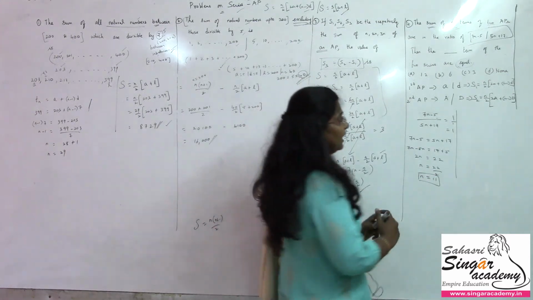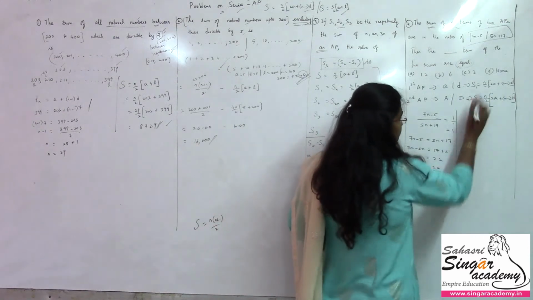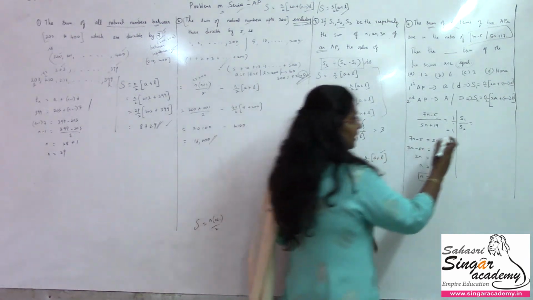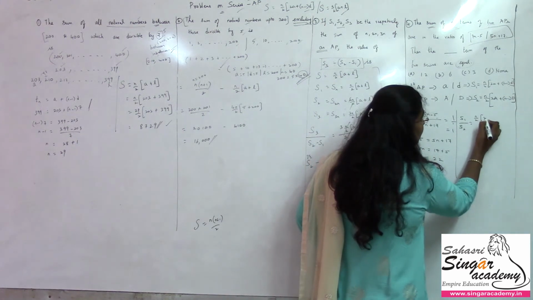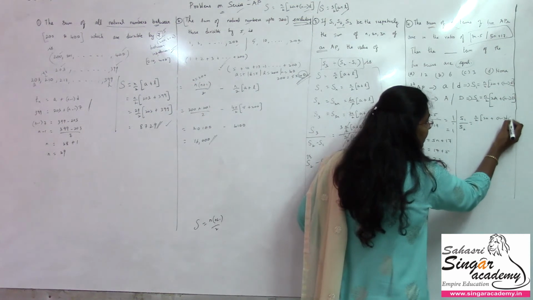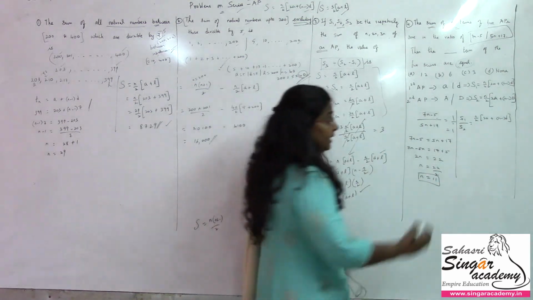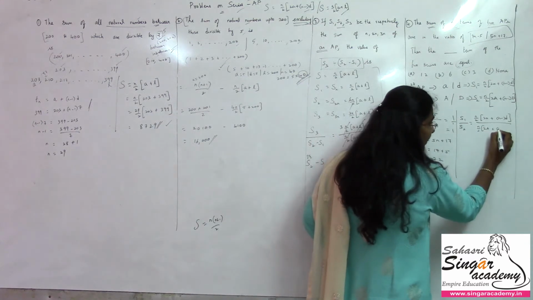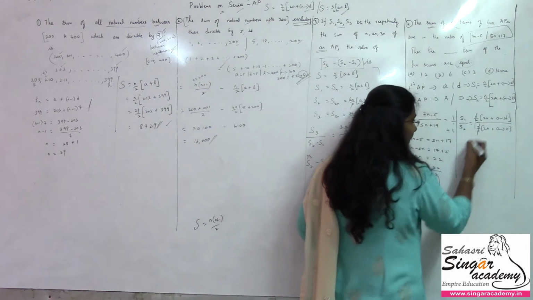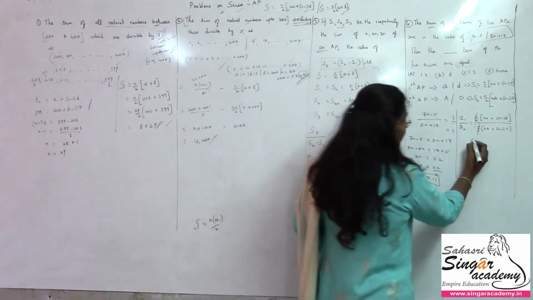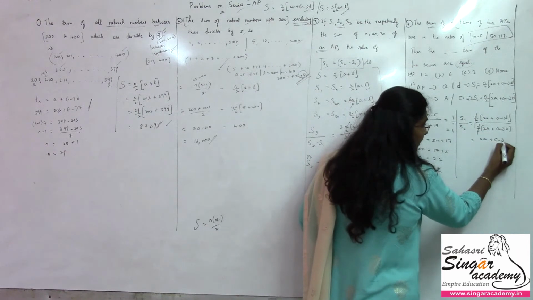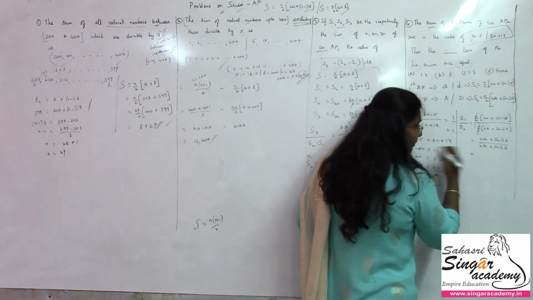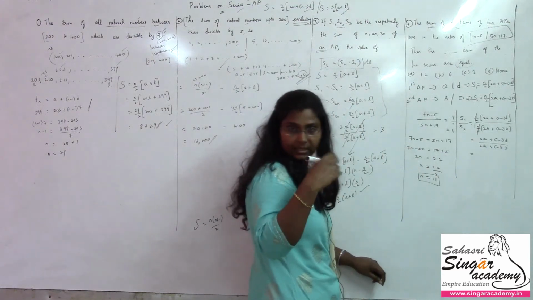It is the same. But before that, look here, this S1 by S2 is the ratio given. How does S1 look? n by 2 into 2a plus n minus 1 into D, correct? How does S2 look? Again n by 2 into 2A, that's capital A here, plus n minus 1 into capital D. I'll cancel n by 2. So now it is 2a plus n minus 1 into D divided by 2A plus n minus 1 into D. Let me divide throughout by 2, numerator and denominator.